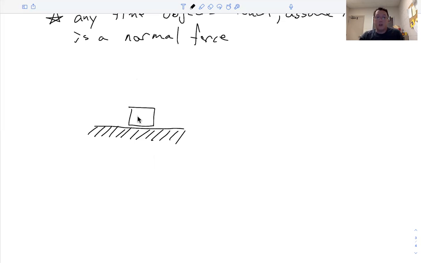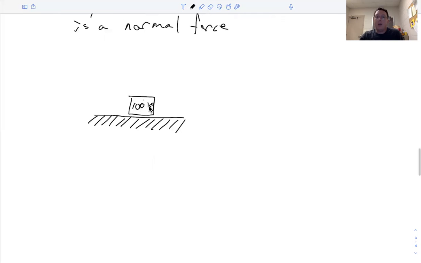Now, just for convenience, let's say that the mass is 100 kilograms. So it's a heavy mass. Now, I would like to know what is the normal force, the force perpendicular from the surface pushing up on the block.